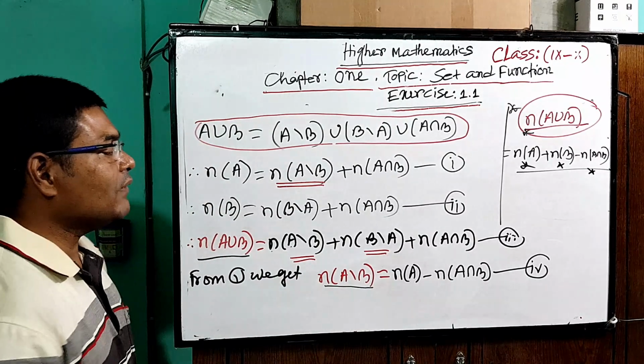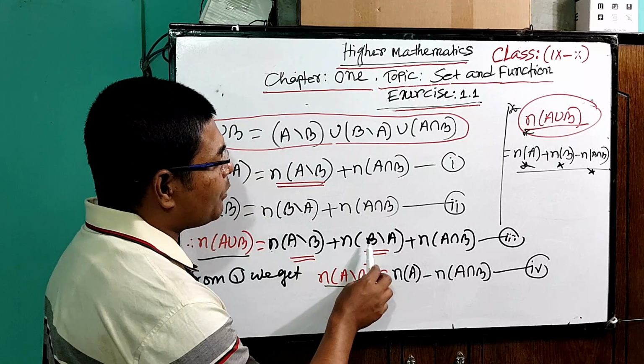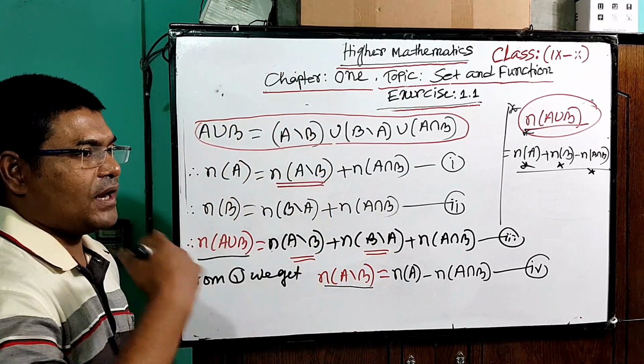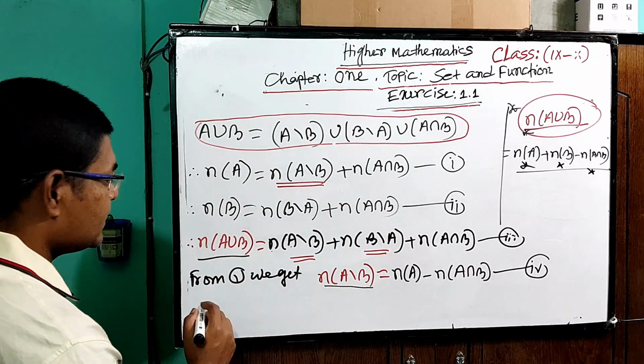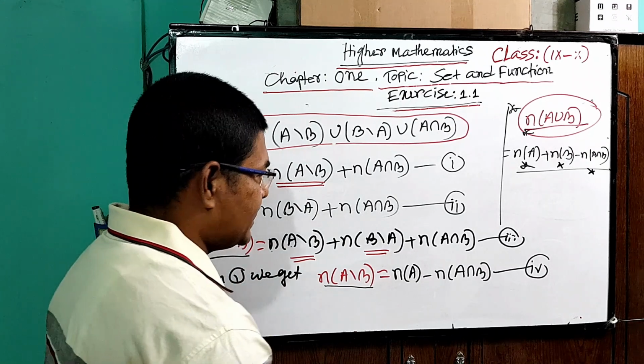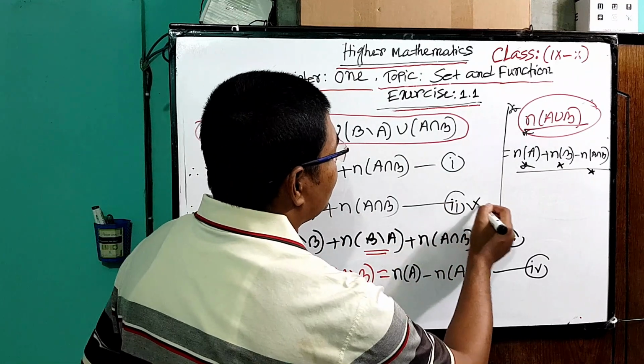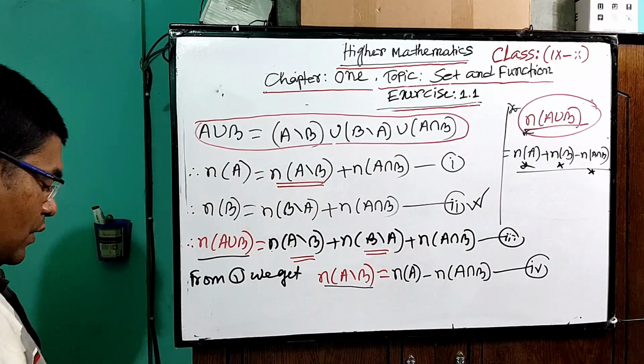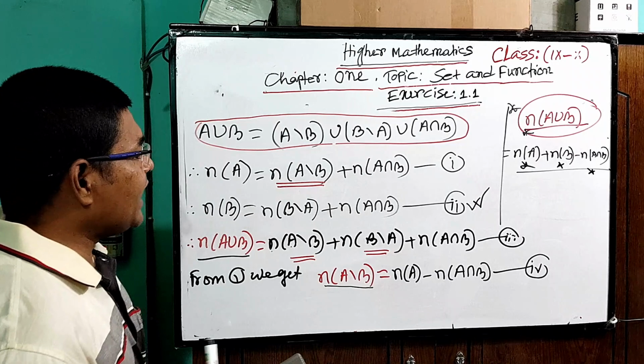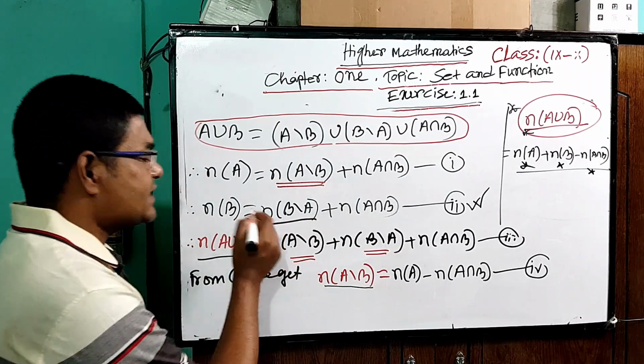So what do we have to do? We have to find out n of B difference of A. So B difference of A we will get from 2. So what is the B difference of A? B difference of A is here.